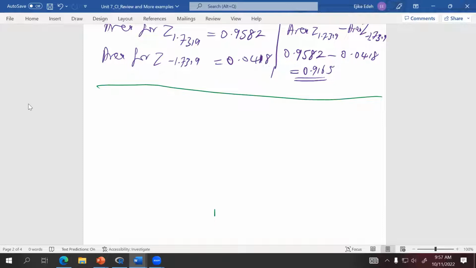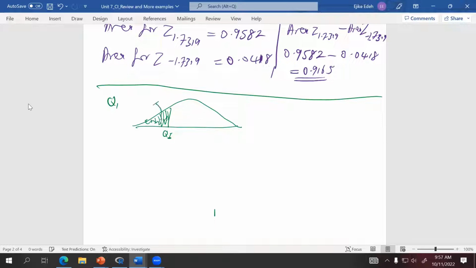So for question 12, they want us to find Q1 as the first thing. Assuming your Q1 is here, we know that Q1 captures the 25th percentile.